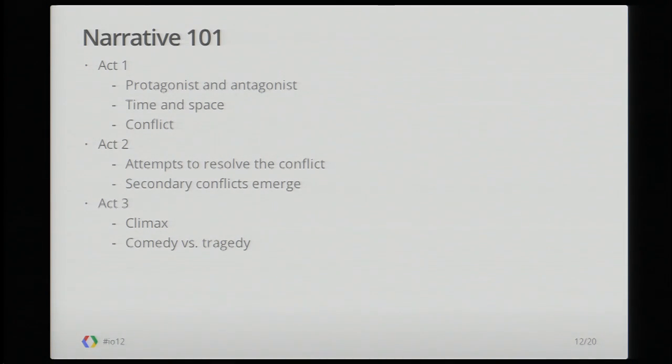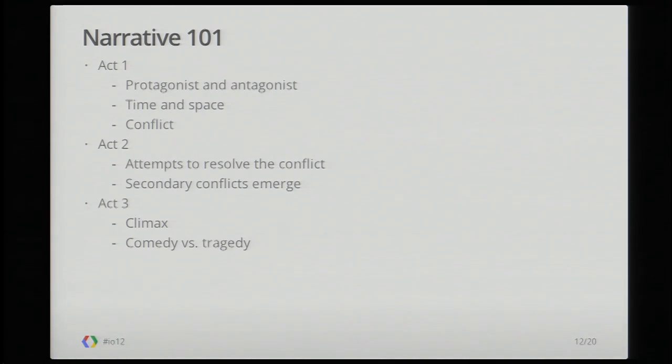If it's a comedy, a positive story, things have not gone so well for the protagonist until this point, but suddenly there's a positive twist, and we all feel that suspense, and suddenly we all can relax, as things have a happy end. If it's a tragedy, it's usually the other way around. Things seem to improve in Act 2, and then in Act 3, when the climax comes in, something dramatic happens, something tragic happens, and things take a turn to the bad.